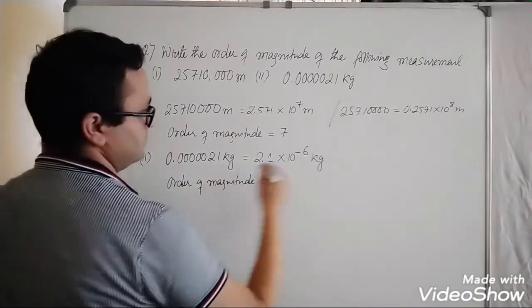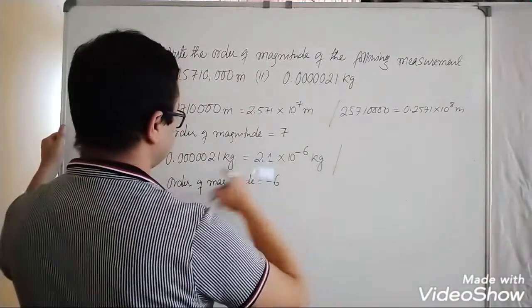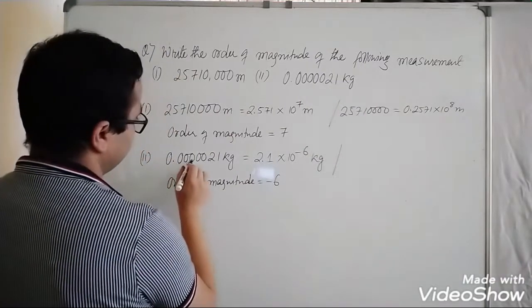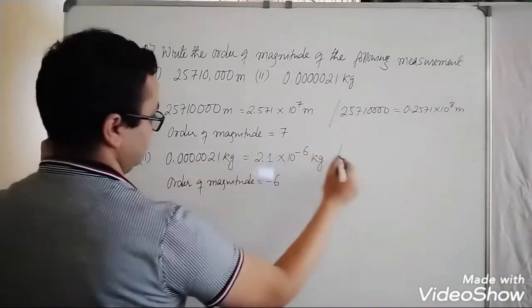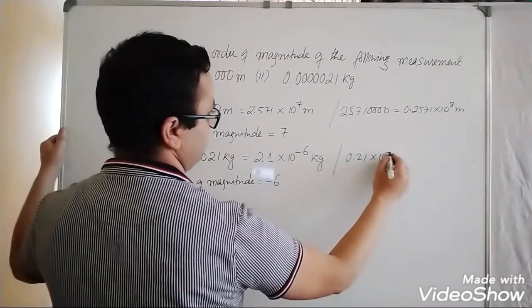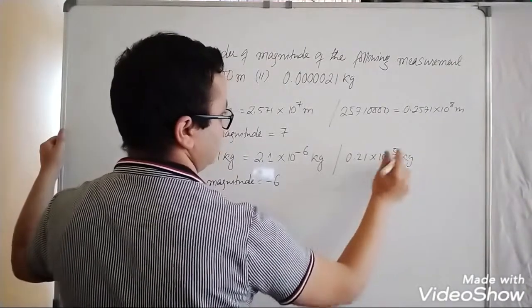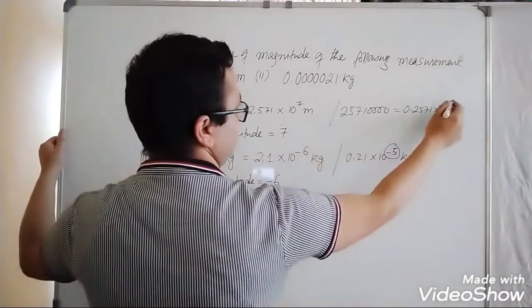For the second, counting gives 5 only, so it is 0.21 into 10 to the power -5 kg. In this case the order is -5.